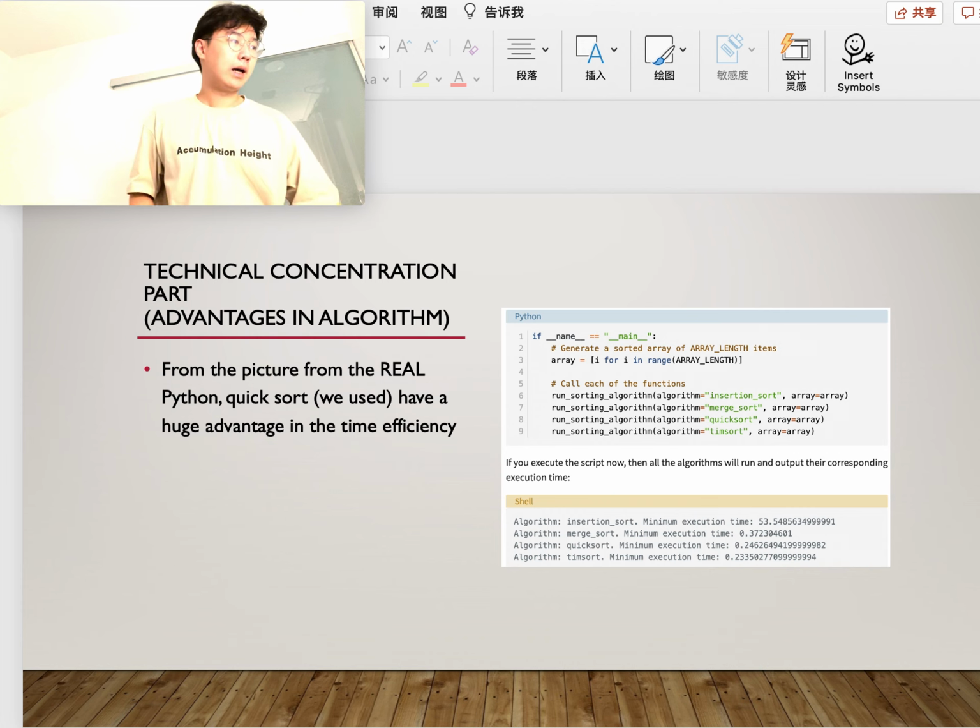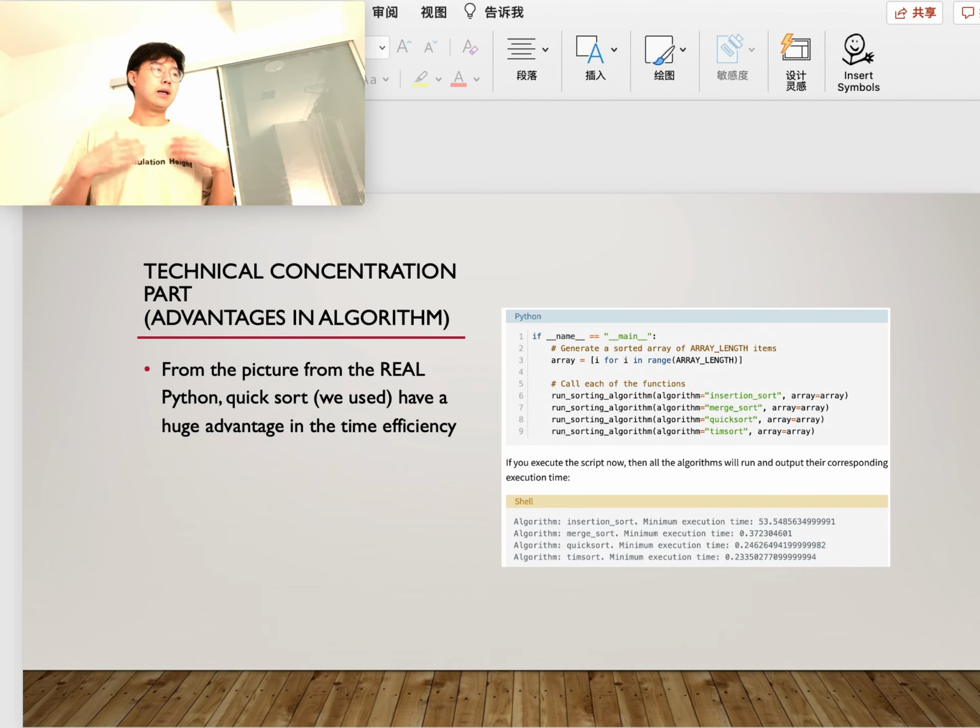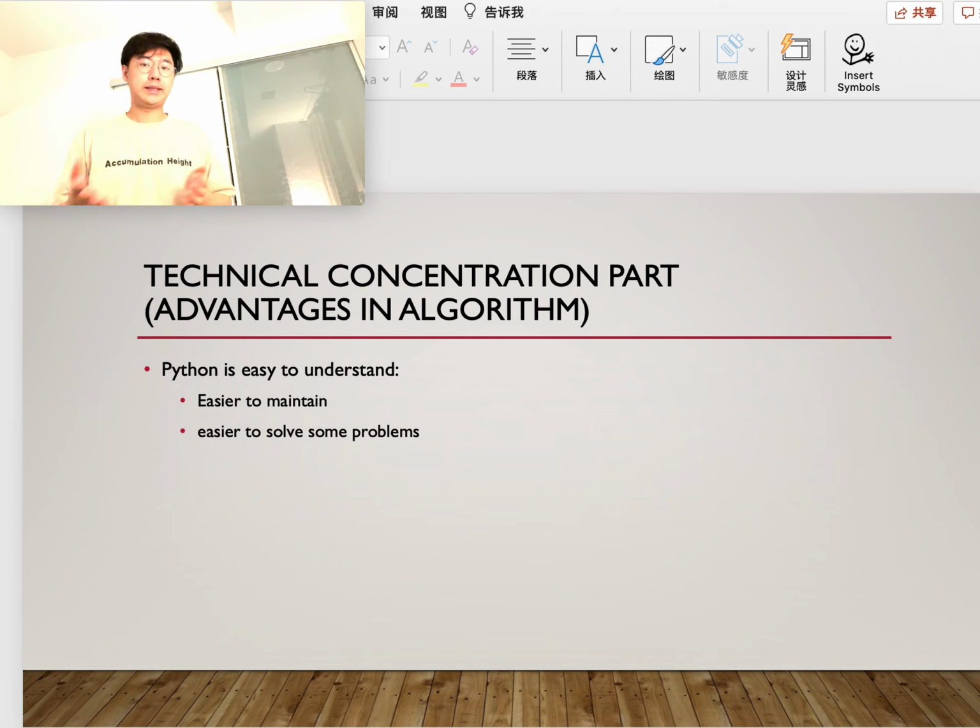Okay, let's come to the part about the Python language, which is not very difficult. With our introduction, someone in your company can easily handle this system and solve some problems by yourselves. This has two main advantages.